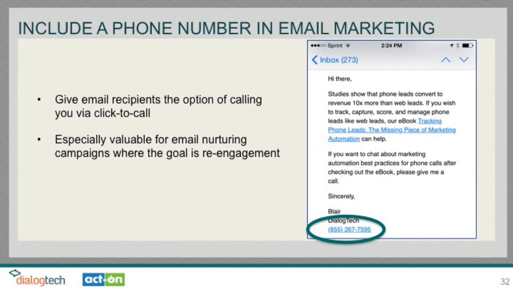So people might get this email and already be ready to engage with us. And you want to be able to give them that phone number in the email they can click on, since they're most likely looking at this email on their smartphone, in order to make it easier for them to call you and become that qualified lead, that qualified opportunity.